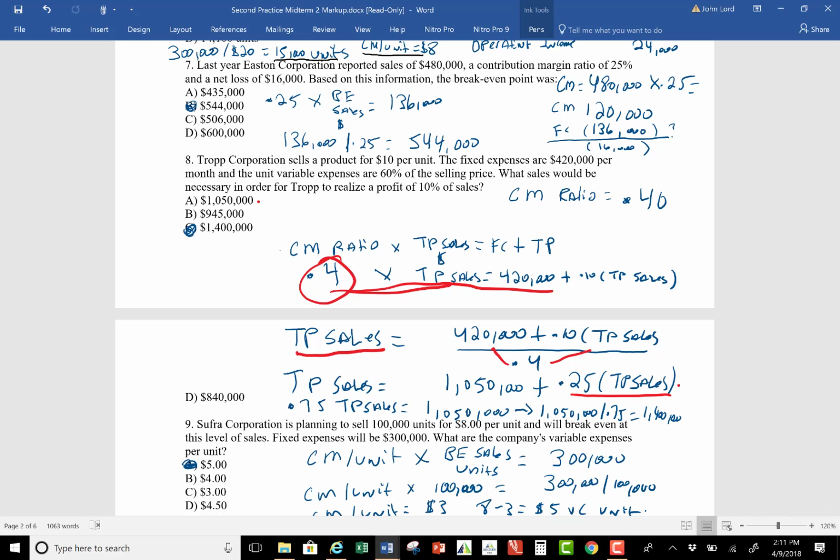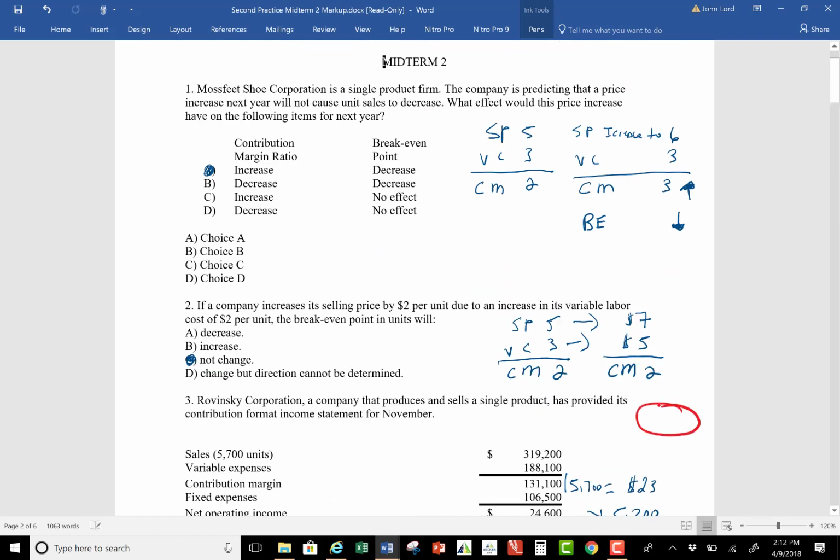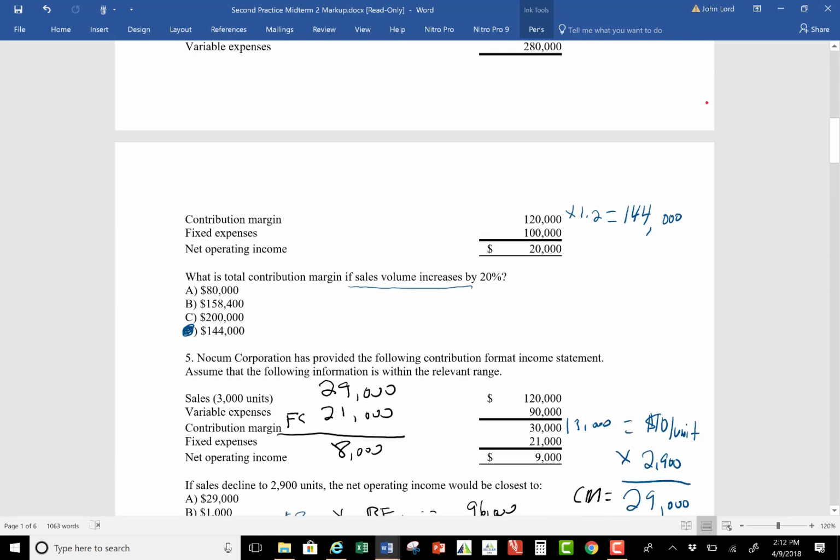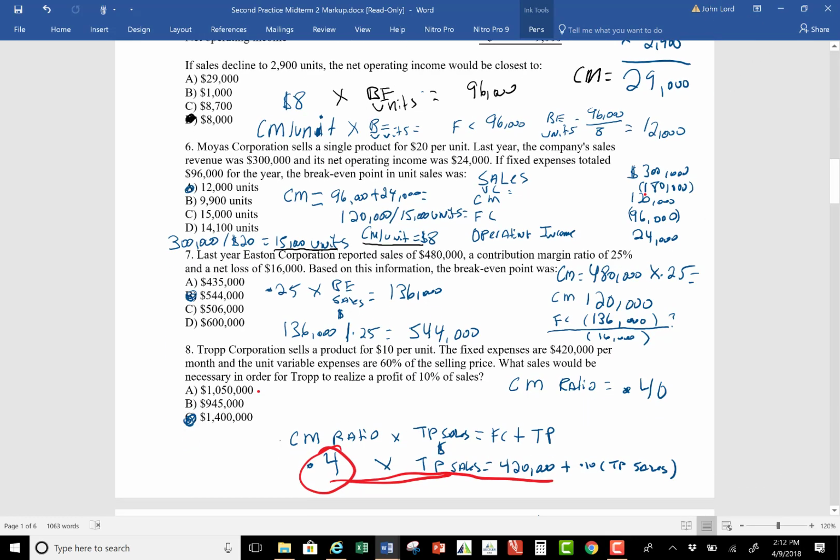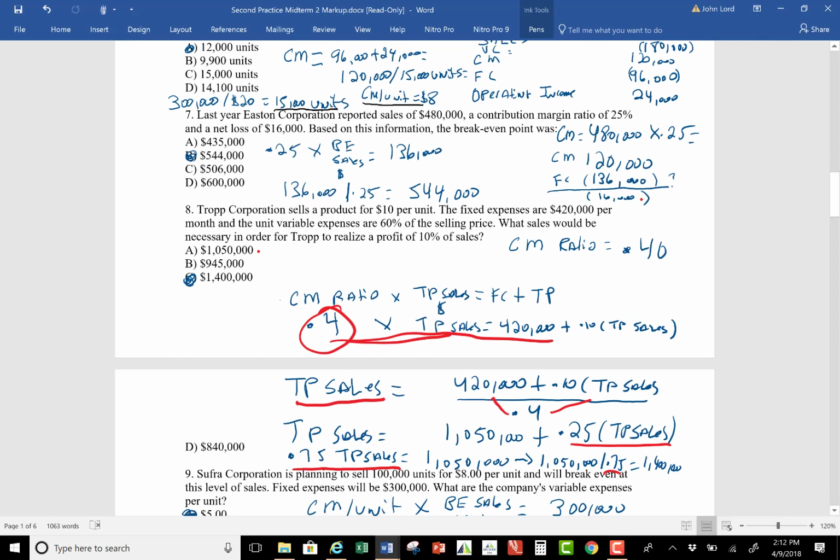Then I subtracted the 0.25 from each side. That means 0.75 target profit sales equals 1,050,000. 1,050,000 divided by 0.75 gives me the 1,400,000 answer there.